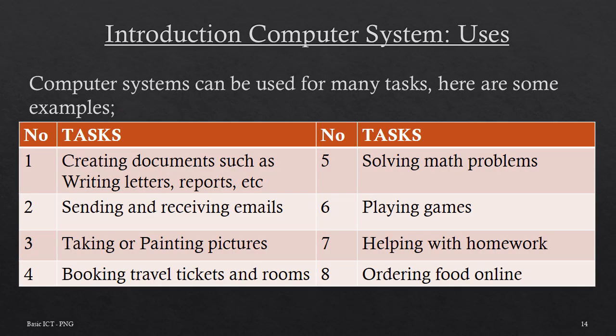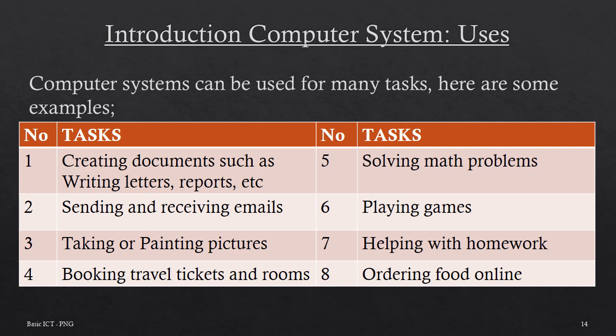Finally, we see a list of computer uses. There are many uses of computers, but here are just 8 examples. 1. Creating documents. You can use computers to create documents such as letters, reports, write-ups, and more. 2. You can use computers to send and receive emails. 3. You can use computers to take or paint pictures. 4.